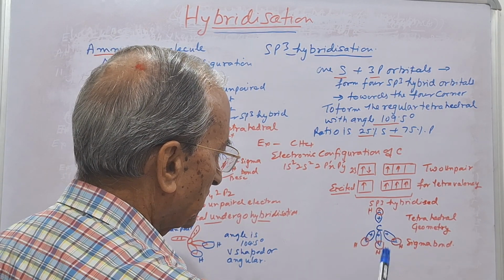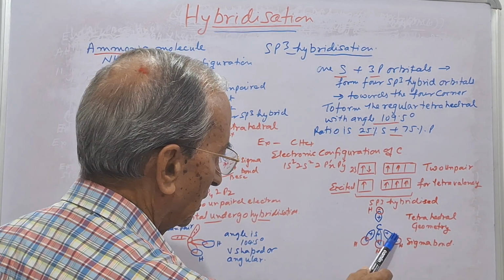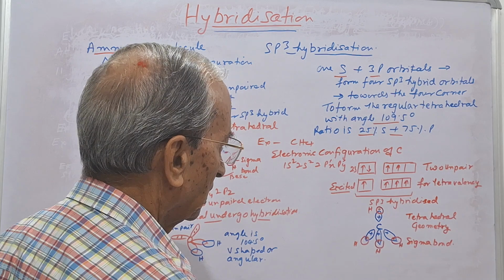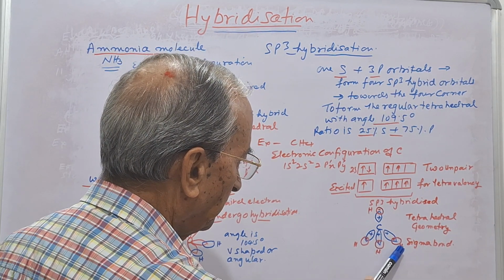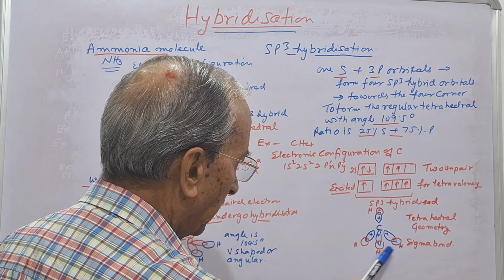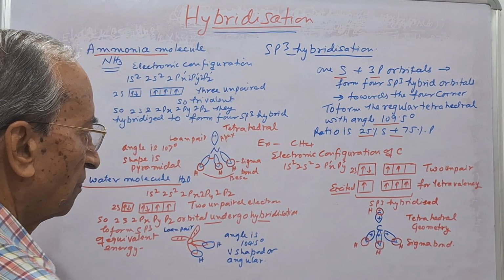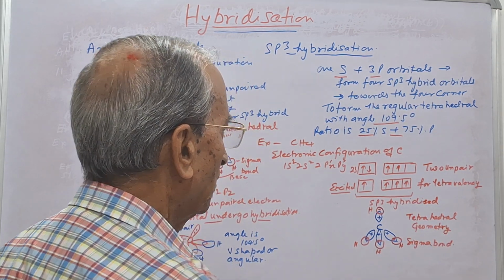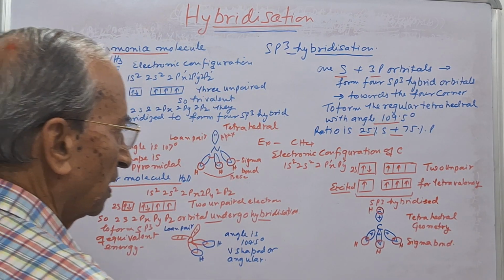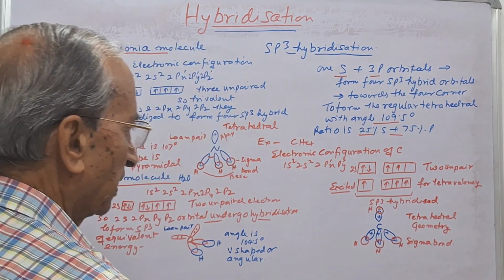Now if we see the structure, the carbon's four hybridized orbitals overlap with hydrogen to form sigma bonds, and it gives a tetrahedral geometry. See, it gives a tetrahedral geometry.